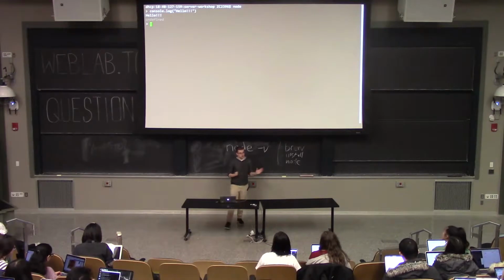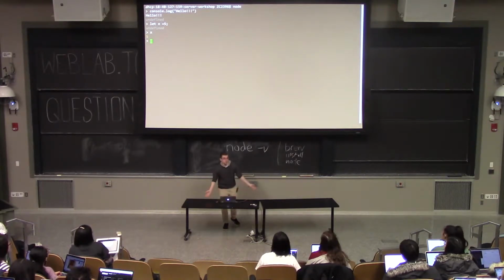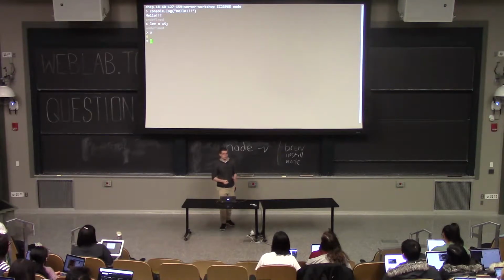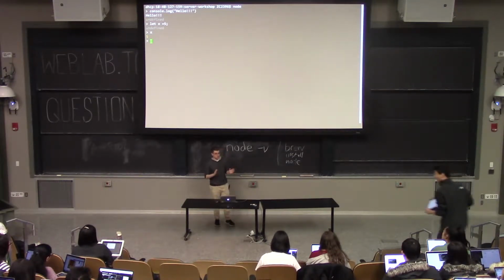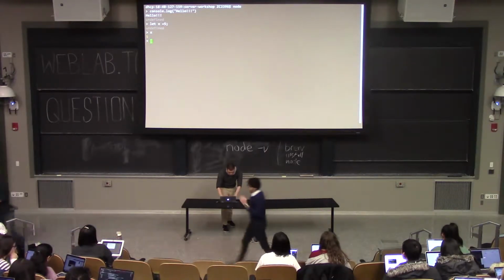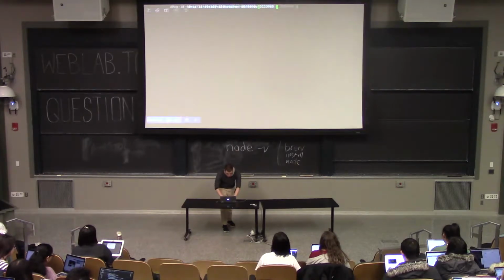All it does is run my JavaScript code. I can do x equals 5, and then x, and it's going to give me back 5. So basically, the only thing to know about Node is that what it does is just run JavaScript code. That's its entire purpose.